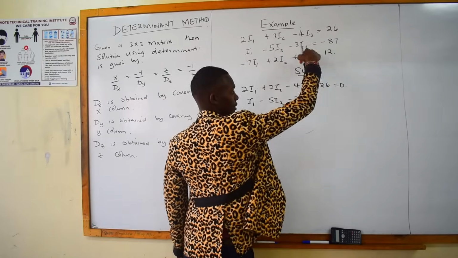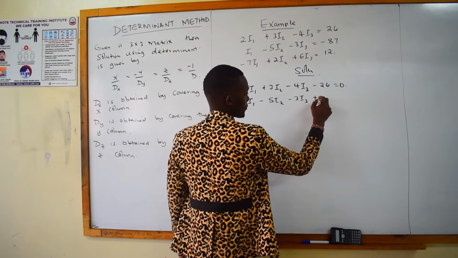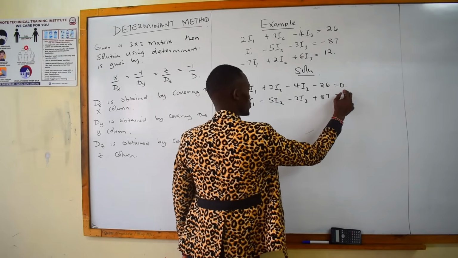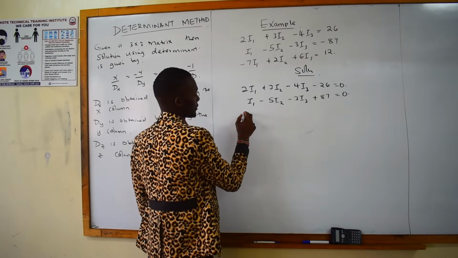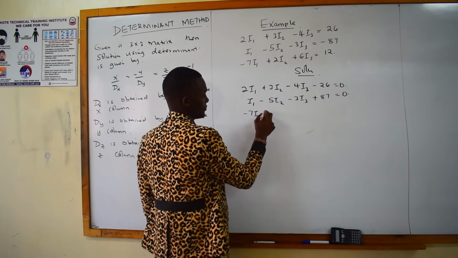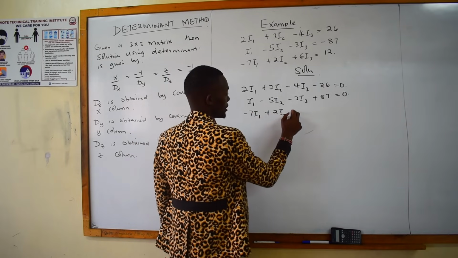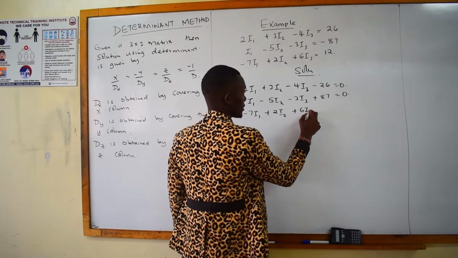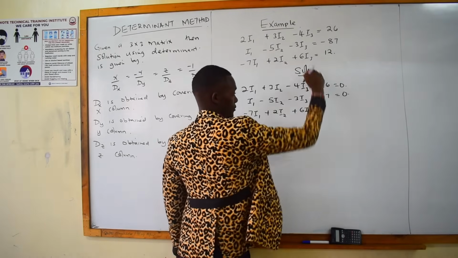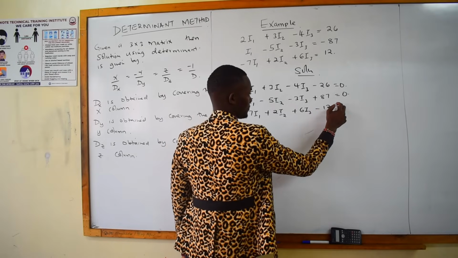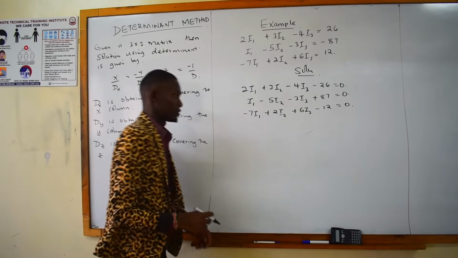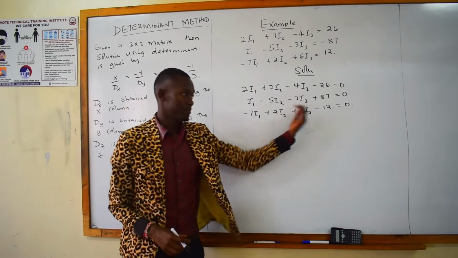Then the negative comes to the other side and becomes a positive 7 equals 0. Then you have negative 7I1 plus 2I2, then plus 6I3. Then 12 comes to the other side and becomes negative 12, which gives you 0. So that is the first step.